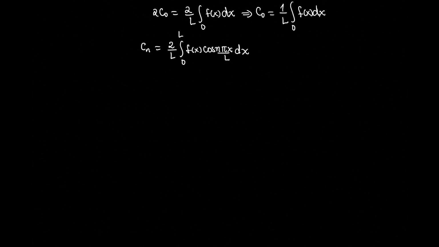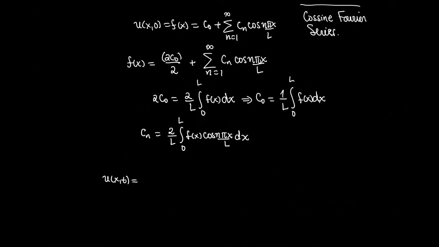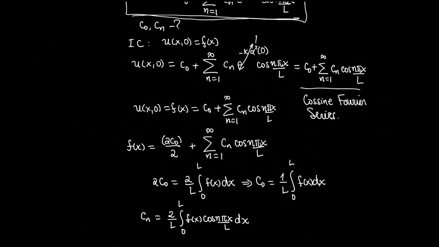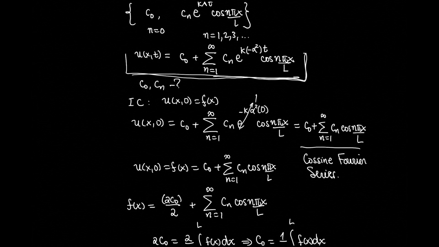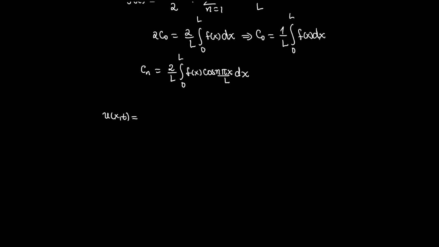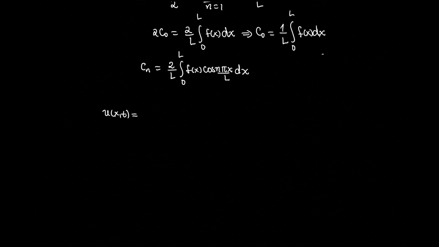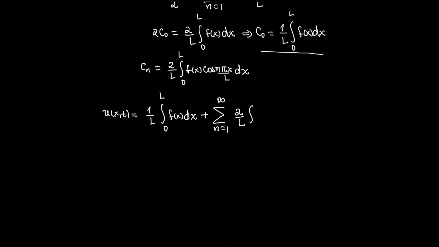So then we just write the general solution, u(x,t) equal to C naught. C naught is just the one that we got here, 1 over L integral, plus summation from n equal 1 until infinity Cn, which is 2 over L integral 0 until L f(x) cos n pi x over L dx.